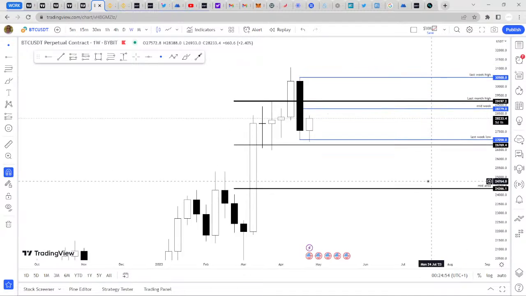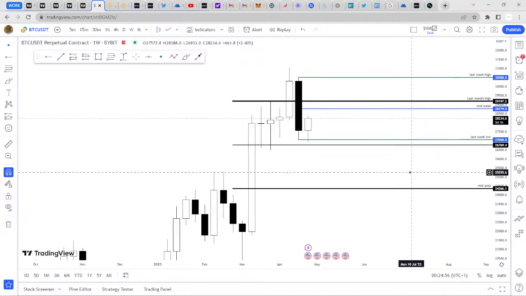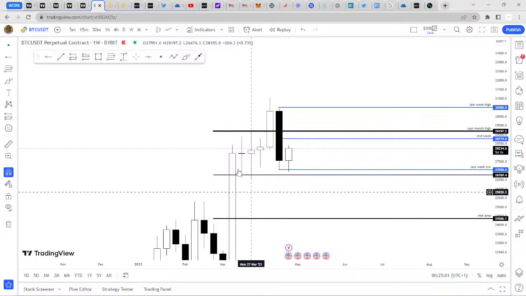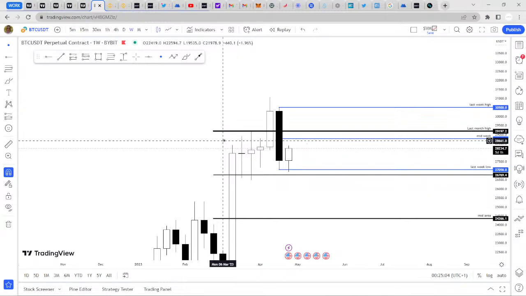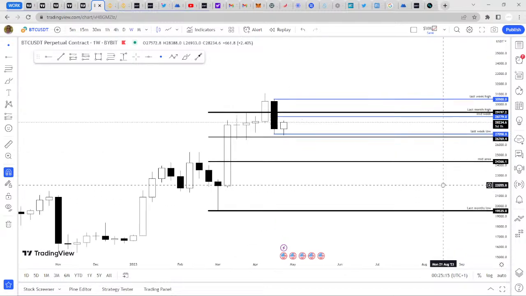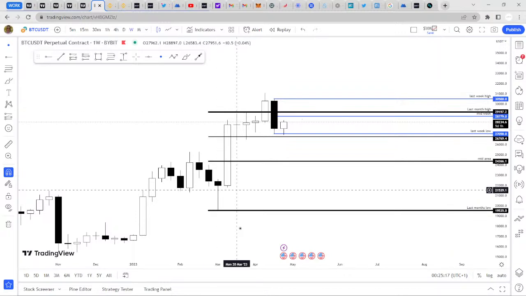If you notice, this last week's low comes almost around the same area as the midpoint of January's range, when we divided the last monthly candle into last month's high, last month's low, and the midpoint.